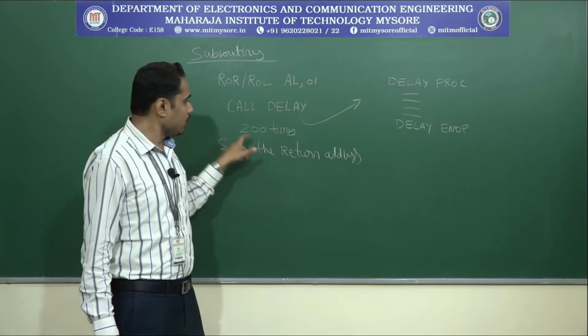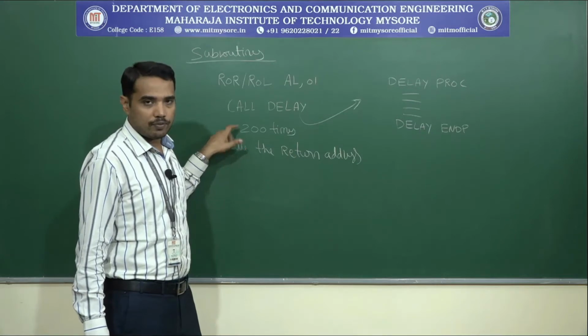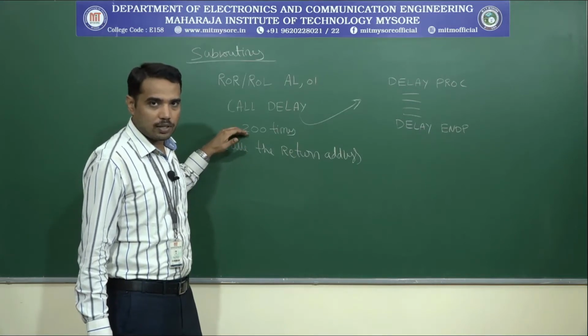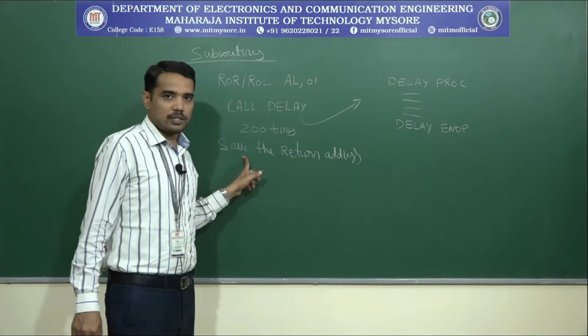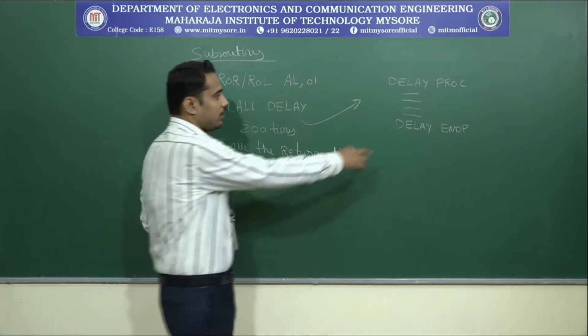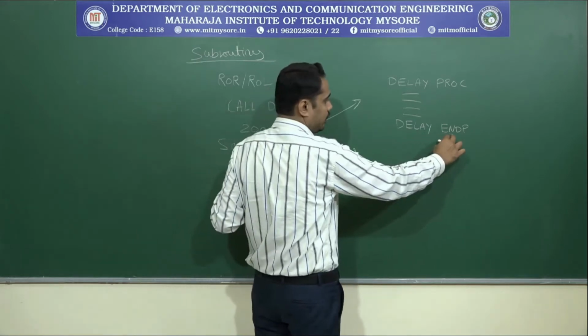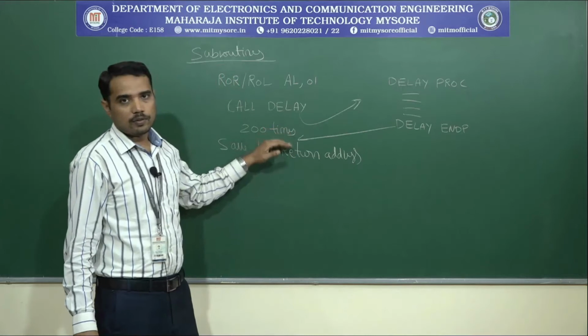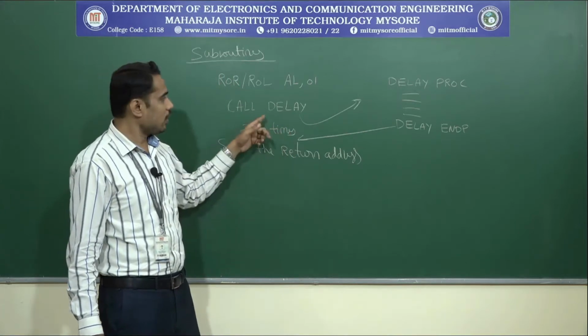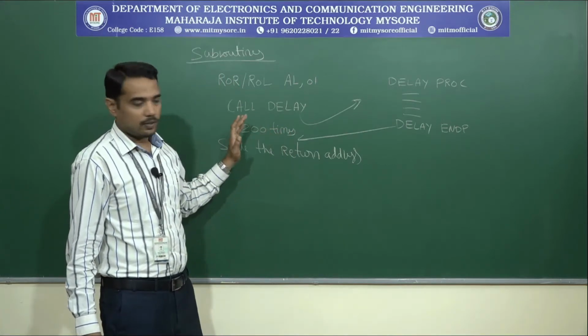For the purpose of resuming from the instruction from which we have to proceed further. That means after the instruction ENDP, we have to come back and execute the instructions after call delay.